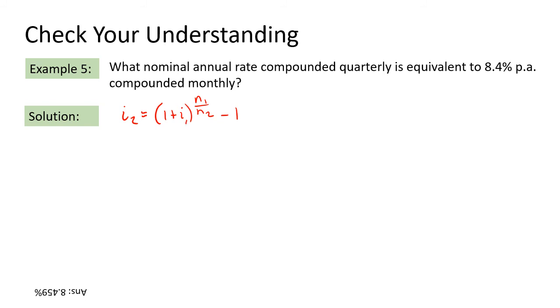We need to figure out what we know. For the first scenario, the scenario that we're trying to compare to, we know that the nominal interest rate is 8.4%, which is 8.4 divided by 100, removing the percentage sign, which is 0.084. Our number of compounding periods for the first scenario, M1, is equal to 12 because it was provided as monthly.